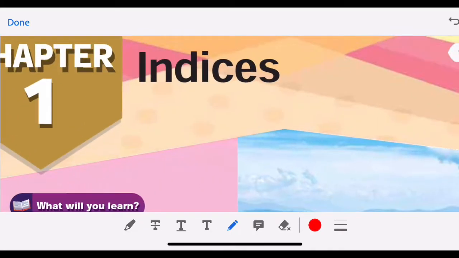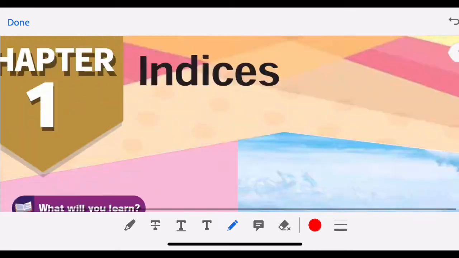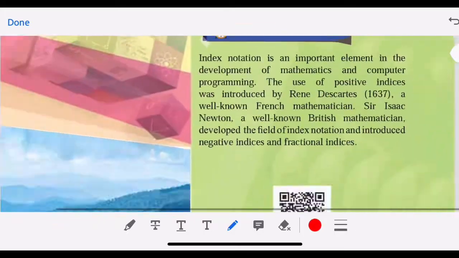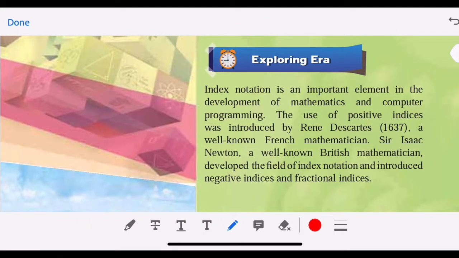So I'm going to go through the important concept for each of the topics. Right, for this one, index notation is an important element in the development of mathematics and computer programming.